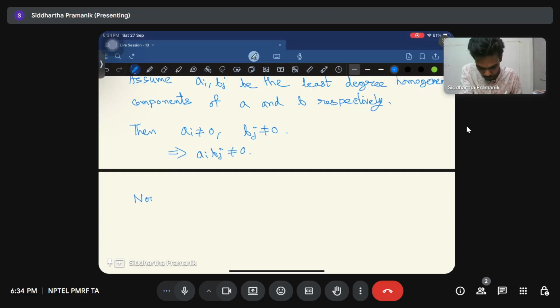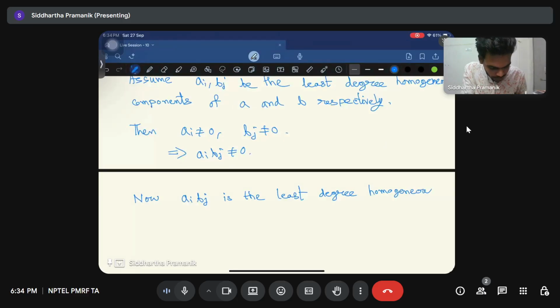Now, what is Ai times Bj? Ai times Bj is the least degree homogeneous component of the product A times B, and it is non-zero.